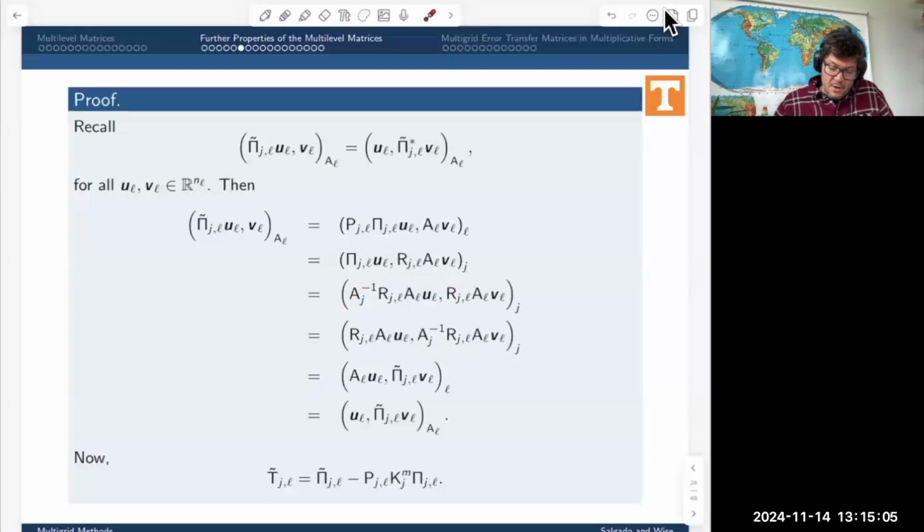Let's see. So I can also move this guy to the other side, but it picks up a transpose as it does. And I also have to ratchet the inner product as I do that. But when I move that over, that gives me PAJ. So the whole thing, if I move that over, gives me a prolongation matrix.